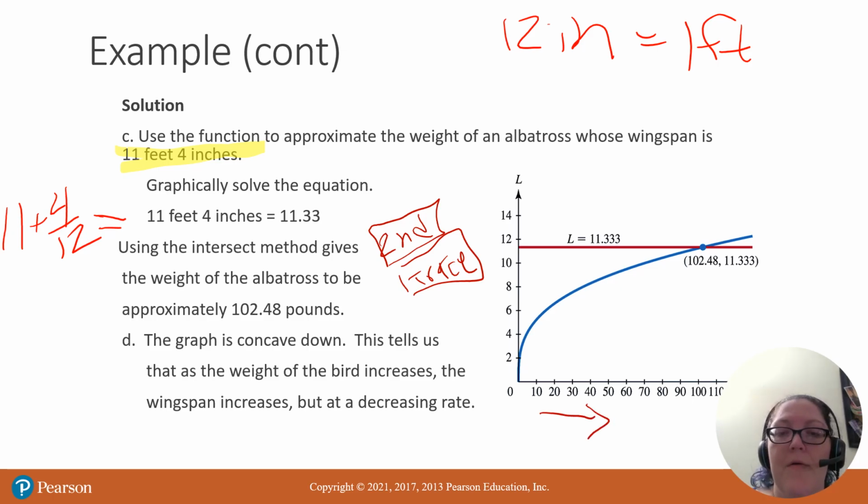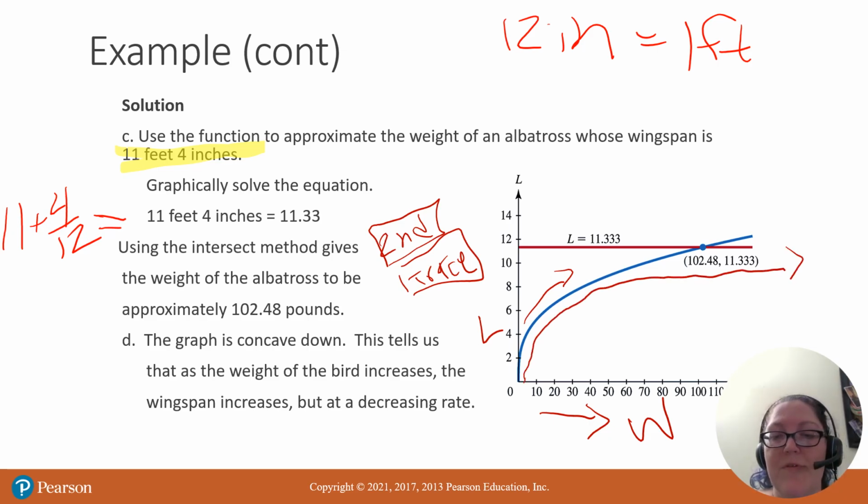So as the weight increases, as we go across the weight here, we can also see that the wingspan is also increasing. So therefore the wingspan increases, and we can see that it gets really, really high quickly, and then it starts to kind of almost level out.